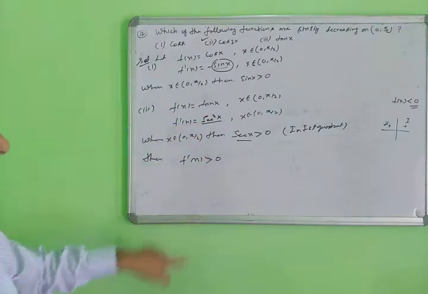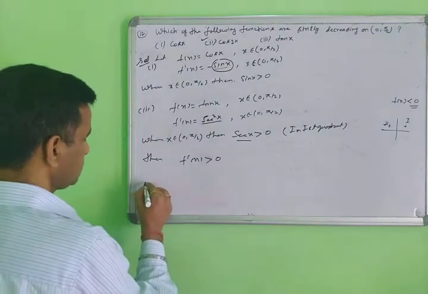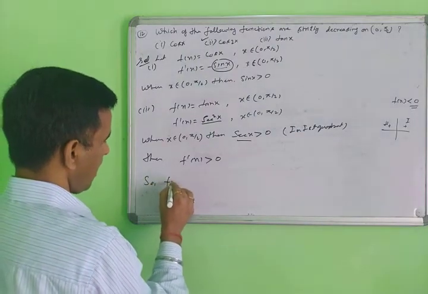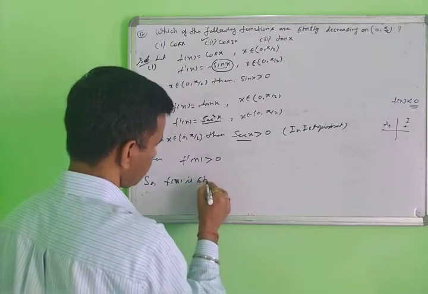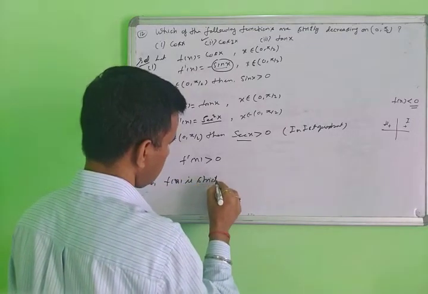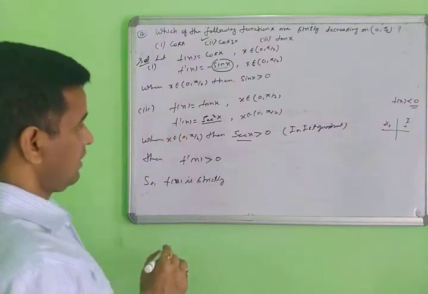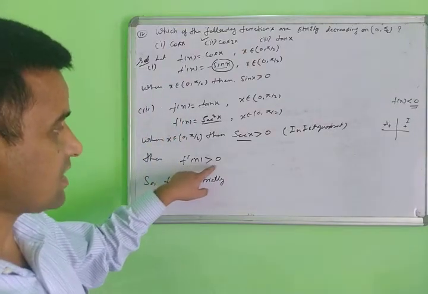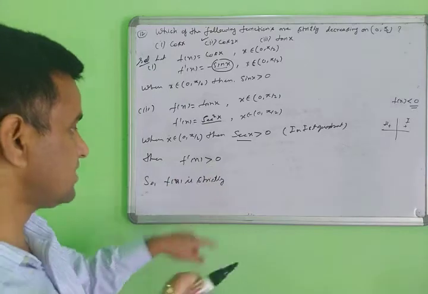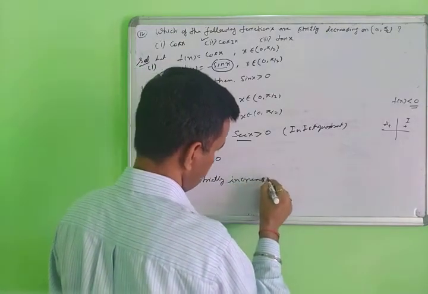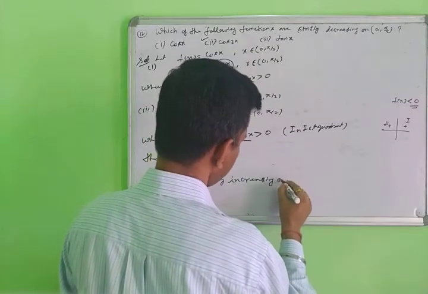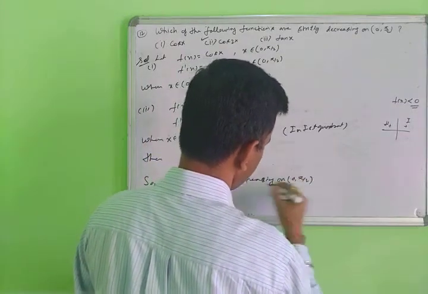And then you can say f(x) is strictly increasing on 0 to pi by 2, since f dash is greater than 0.